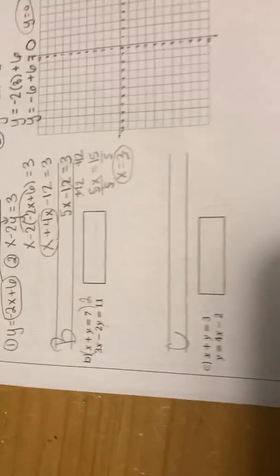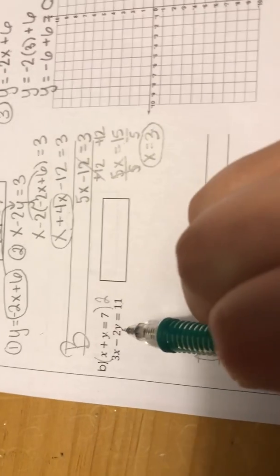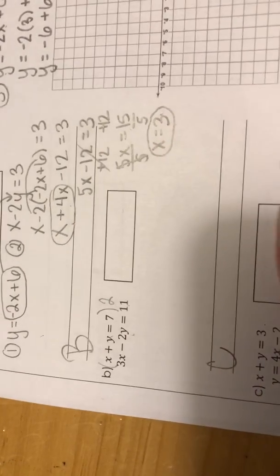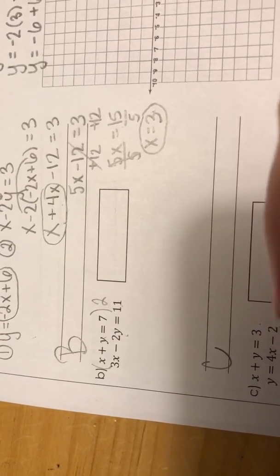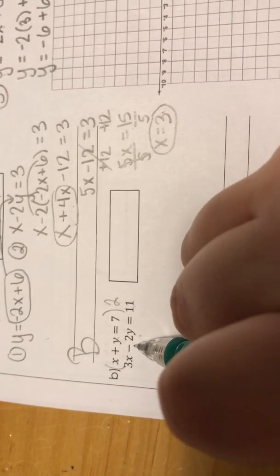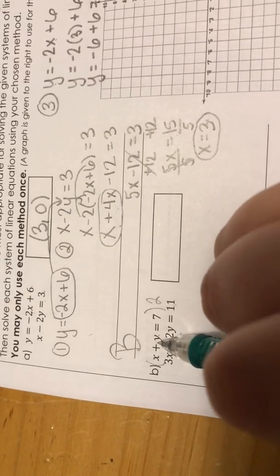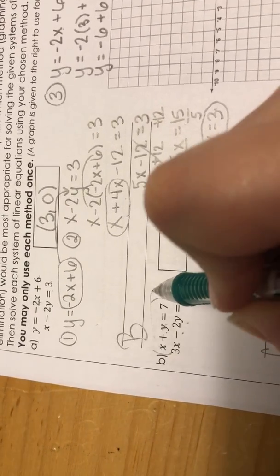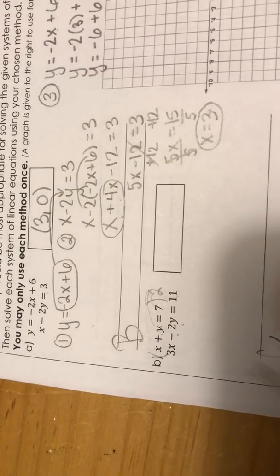Okay. In part B, which is the newest method you've learned, the whole goal is to be able to eliminate one of your variables to solve for the other variable. So I know the opposite of negative 2 is 2. And 1 times 2 makes 2. So let's go ahead and distribute the 2 to all of my terms here.